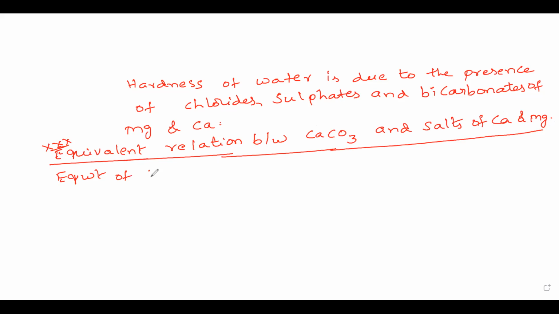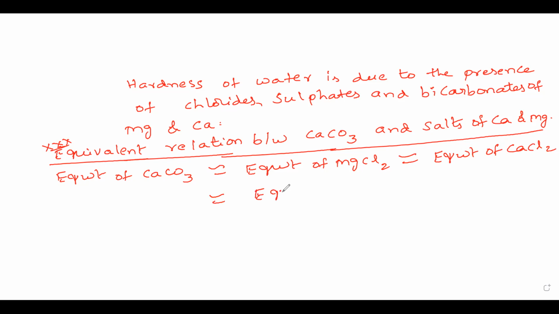Equivalent weight of calcium carbonate is equivalent to the equivalent weight of magnesium chloride, also equivalent to the equivalent weight of calcium chloride, also equivalent to the equivalent weight of magnesium sulfate.